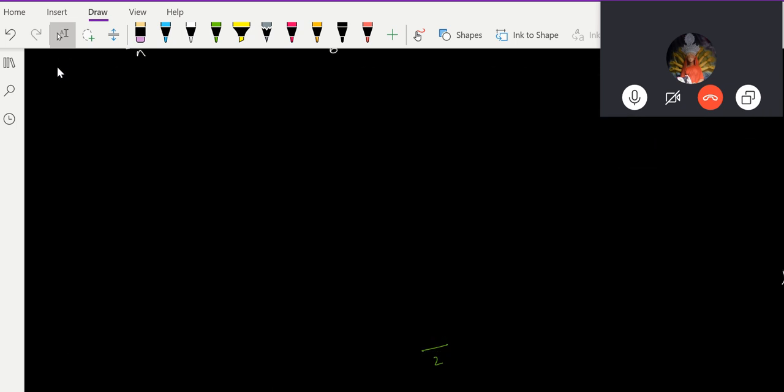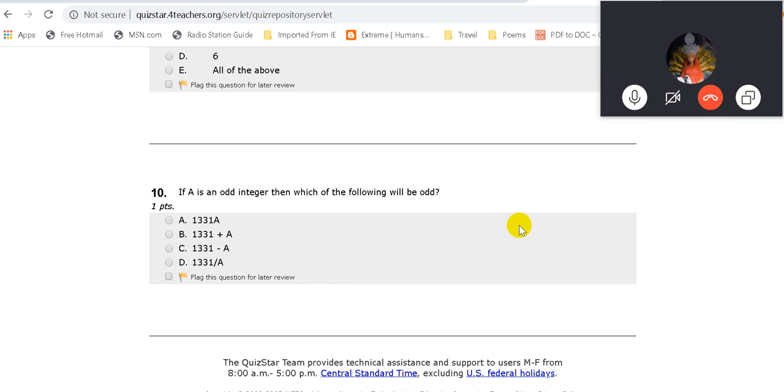No one did this? Hello. A is odd. So scroll up. Question number 10. If A is an odd integer, then which of the following will be odd?